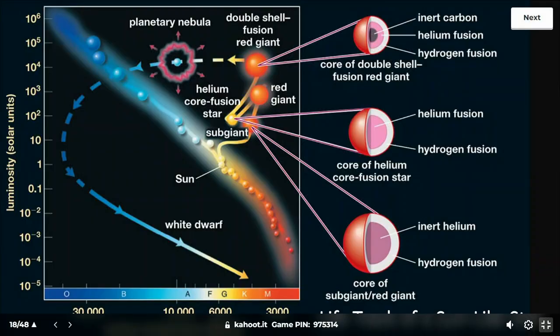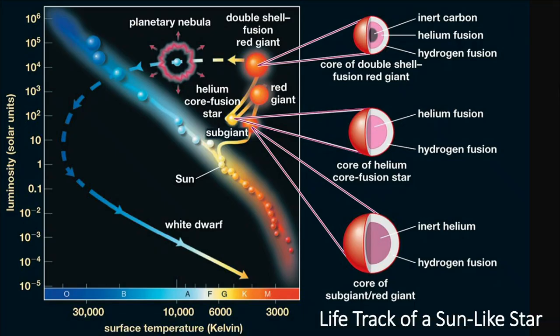So the full cycle: main sequence, the helium displaces the hydrogen. The hydrogen will eventually start fusing in a shell around the helium. Then the helium fusion reactions will start, and now you've got a more stable situation where you have helium fusion and hydrogen fusion. Then the helium fusion is producing carbon.